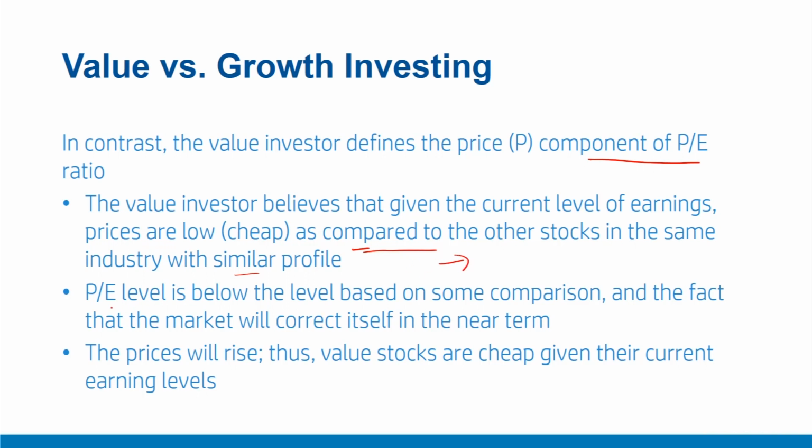Their P/E levels, that is price to earnings levels at current earnings, are lower as compared to the peers or benchmarks against which they are compared. And therefore it is expected that their market prices will correct in the short to medium term, and therefore prices will rise. Thus, value stocks are cheap at their current valuations and current earning levels, and they are expected to improve and do well in the near future.